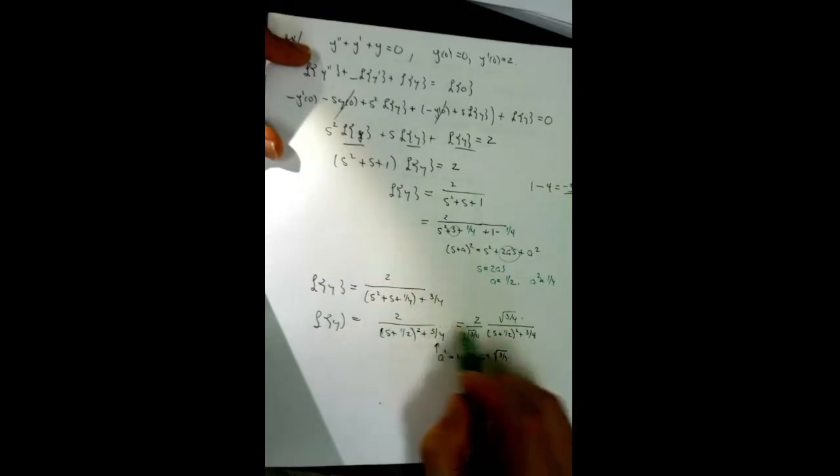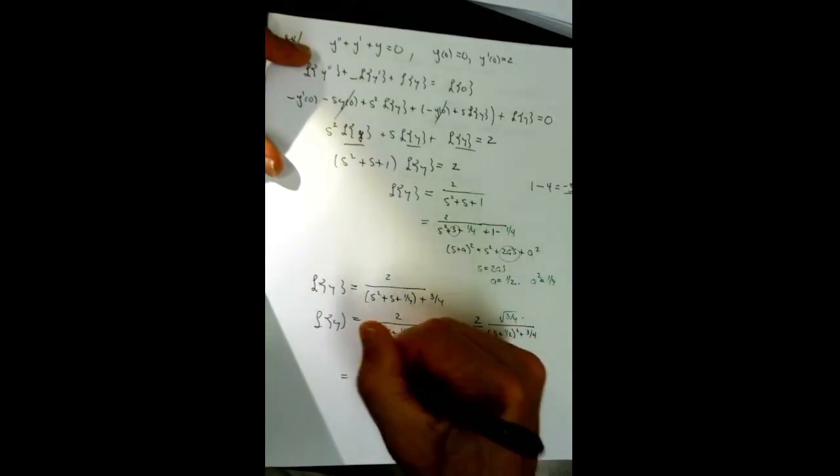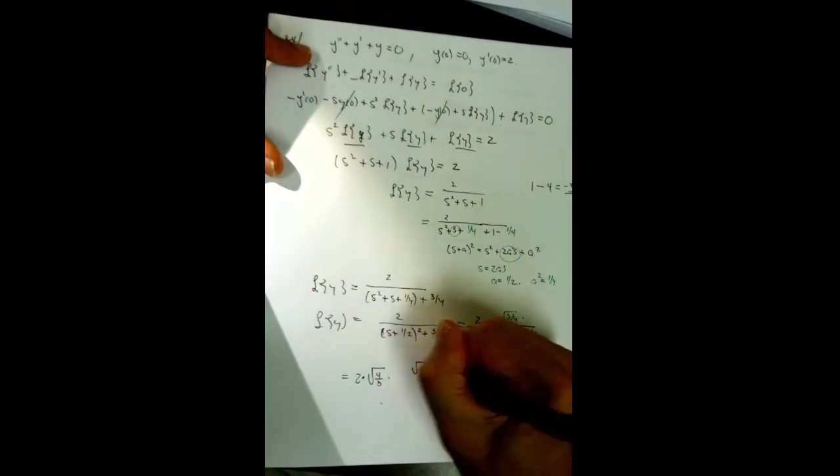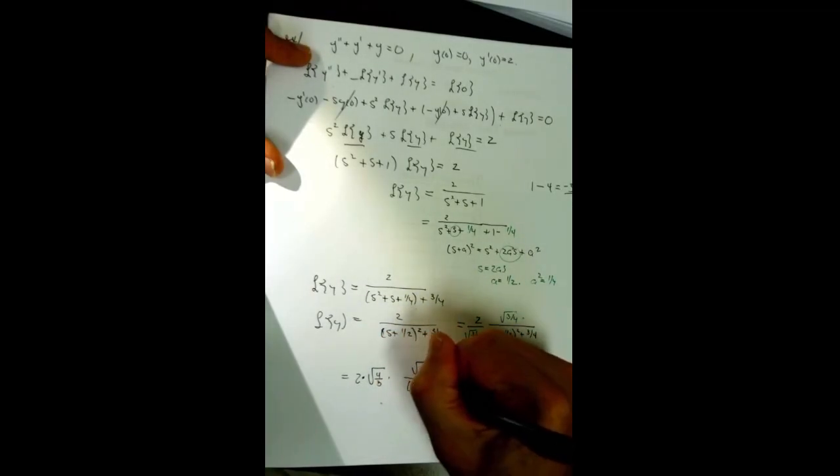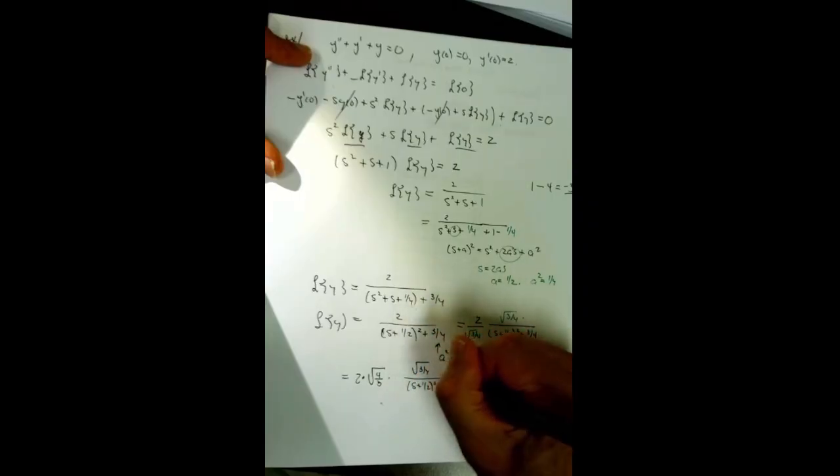But if I put that in the numerator, I have to divide by that. Otherwise, they're not equal. So notice those things cancel, though these two expressions are equal. So this becomes 2 times the square root of 4/3 times square root of 3/4 over s plus 1/2 squared plus 3/4.